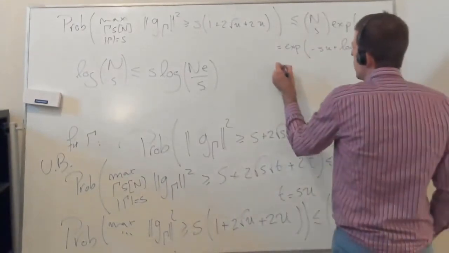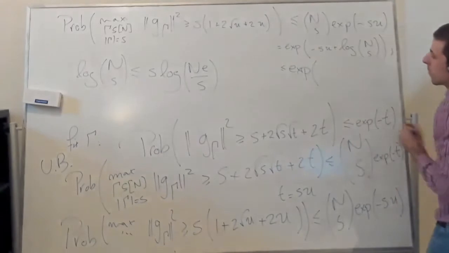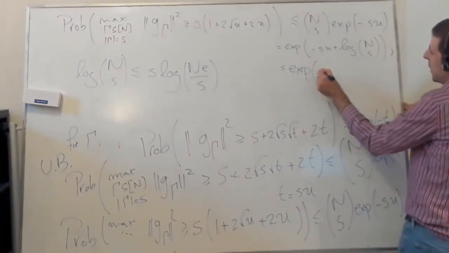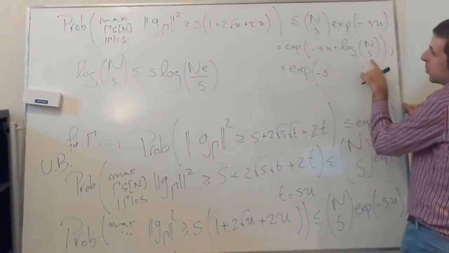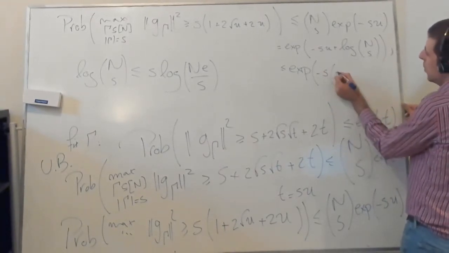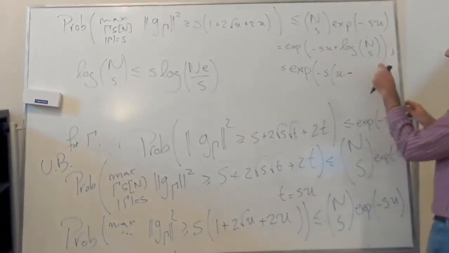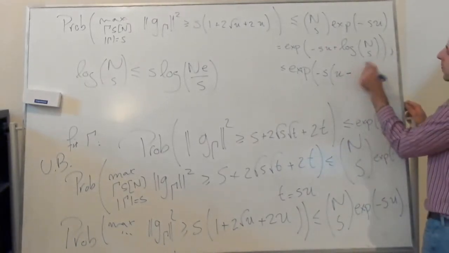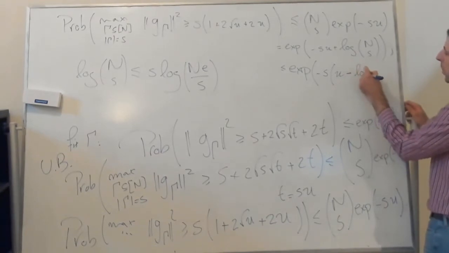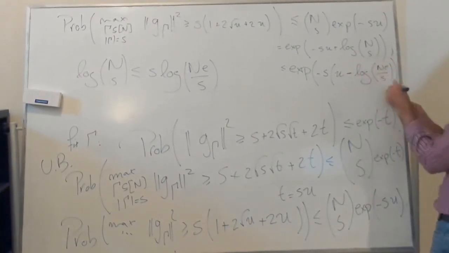And so this is smaller or equal than exponential of minus S times U, and because I took the minus, minus log of n E over S.